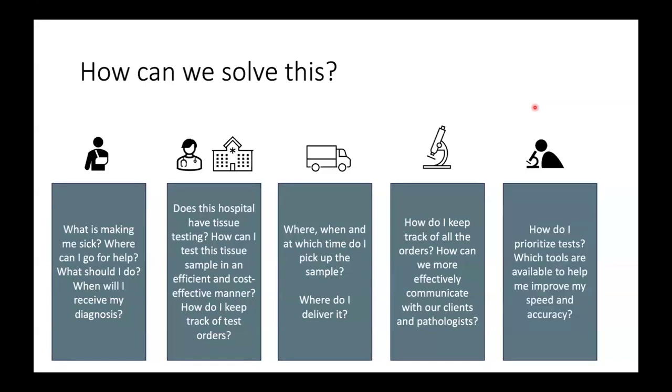And then finally, for the pathologist, how do I prioritize the tests? Which one do I start with? Which ones are more important? I have a stack of 80 cases on my desk. Some of them are fibroadenomas, but others are Burkitt's lymphoma. How do I find the Burkitt's lymphoma within this stack of 80?